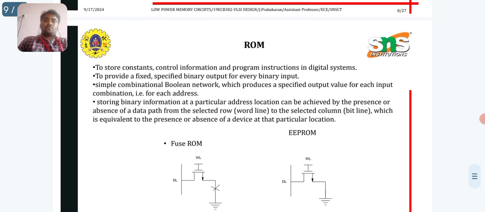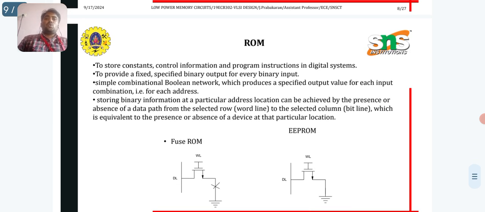ROM. ROM is used to store constant control information and program instructions in digital systems, to provide a fixed specified binary output for every binary input. It is a simple combinational boolean network which produces a specified output value for each input combination, for each address.